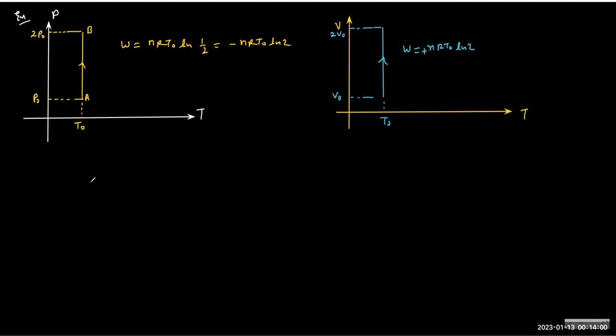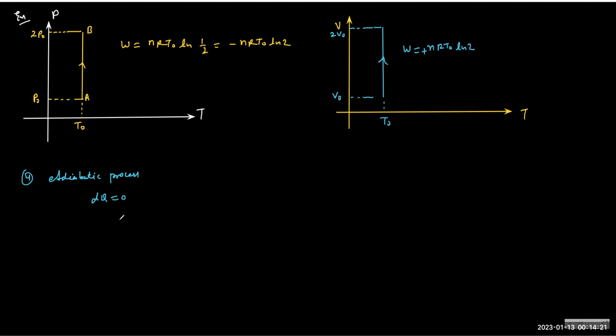Okay, the next is which process? Adiabatic. So in the adiabatic process, what is there? dQ equals to 0.